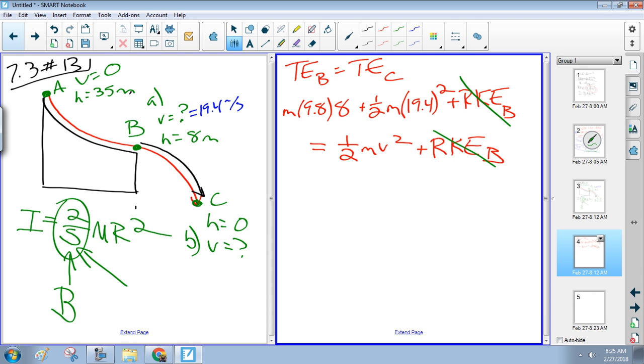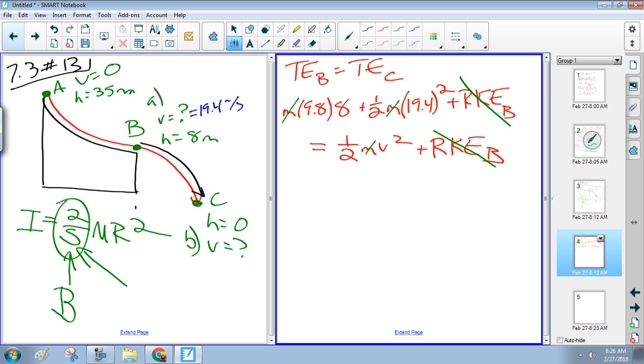It's easier than what I had in mind. Does that make sense, you guys? The way I was thinking of doing it was actually calculating that RKE and then subtracting it from the total energy, but this works too. Okay, everybody good?